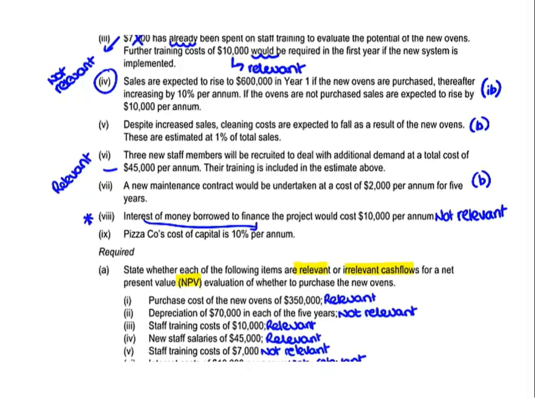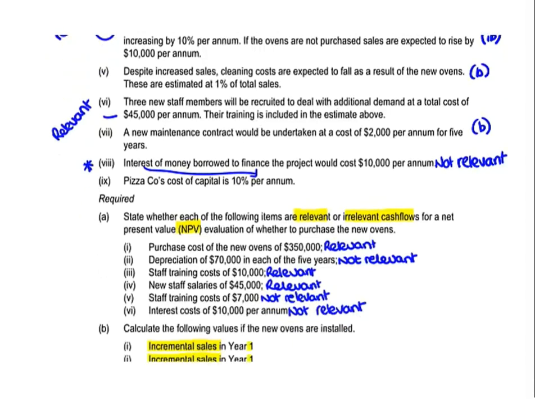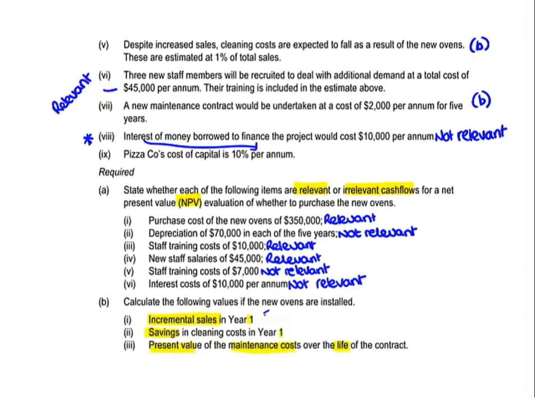If the ovens are not purchased, sales are expected to rise by 10,000 per annum. So we would have been expecting an increase of 10,000, so we've got an extra 590,000 of sales as a result of these new ovens.